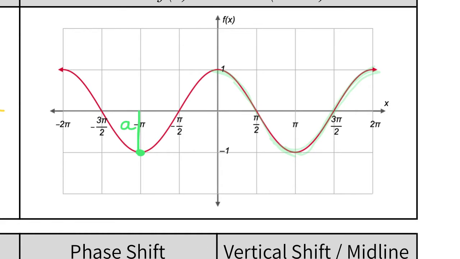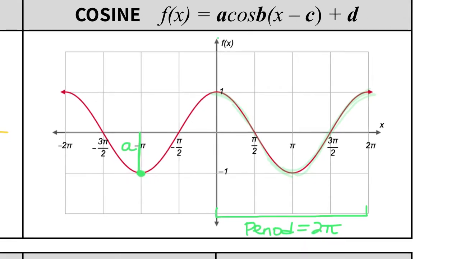And it takes 2 pi to complete that cycle, so the period is also 2 pi. C would be your phase shift, so left and right. Again, this is a parent function, so it doesn't have one. But if you wanted to label it, it would be right in the middle. And then D controls the midline.